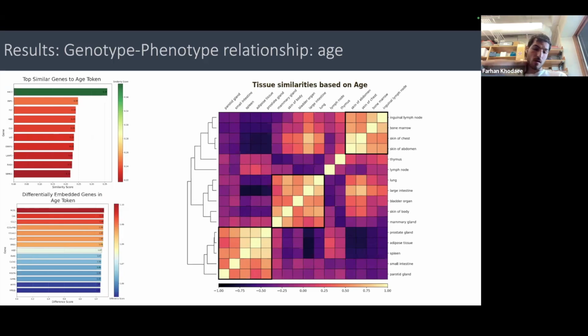This is interesting because we know a lot of tissues have different rates of aging, and that plays a role in longevity research and targeting life extension pathways.